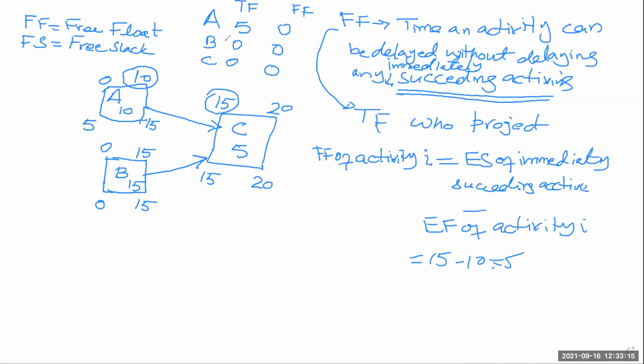Sorry, Professor. Why is the free float for A 0? Isn't it 5? Yes, it is 5. I mistyped it.